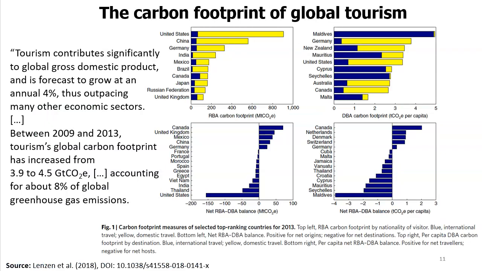The carbon footprint problem is pervasive, and here's an example of the tourism sector where Lenzen and colleagues have estimated that roughly 8% of global greenhouse gas emissions can be attributed to tourism. And this is of course not directly sector-wise, but supply chain-wise.